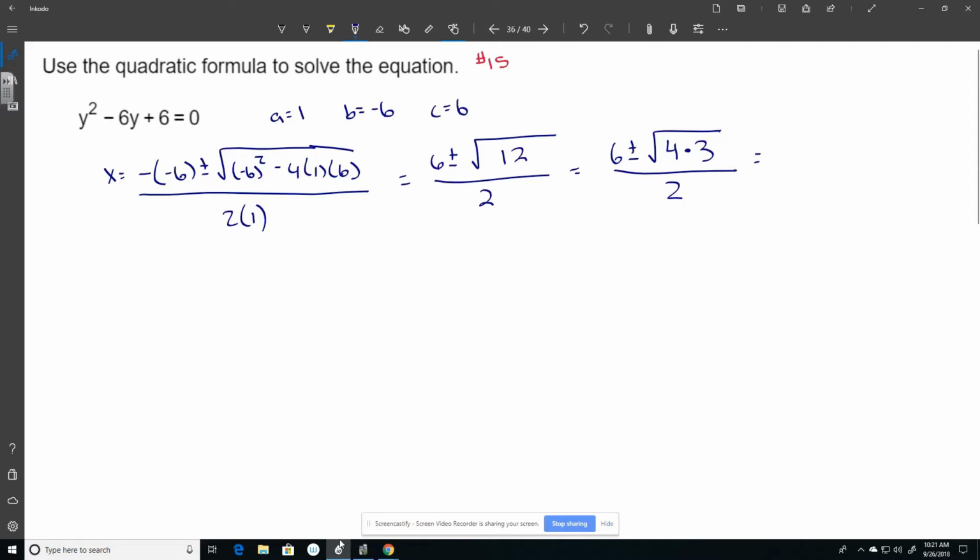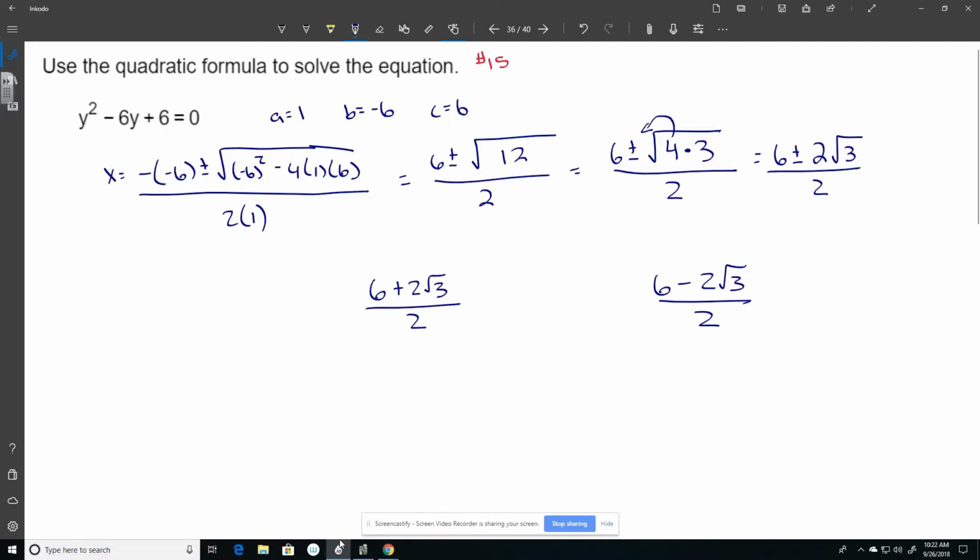And I can take the square root of 4. So 6 plus minus. The square root of 4 is 2 square root 3, because I still have the square root of 3. I remember I pulled the 4 out, and that's a big 2, not a little 2 up on top of the square root. It's in front, divided by 2. So now I get 6 plus 2 square root 3, all divided by 2, and 6 minus 2 square root 3, all divided by 2.